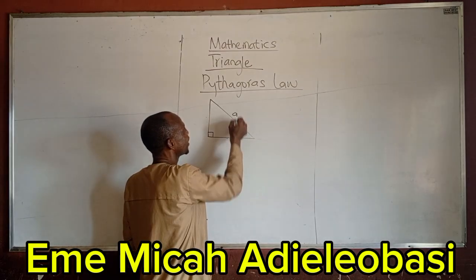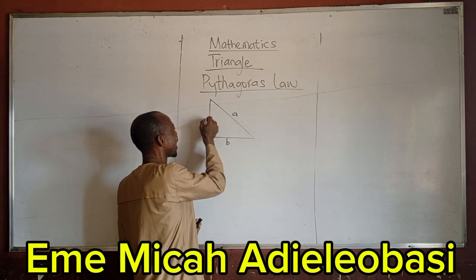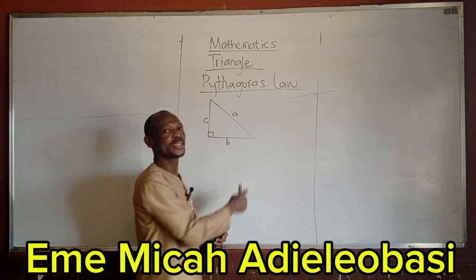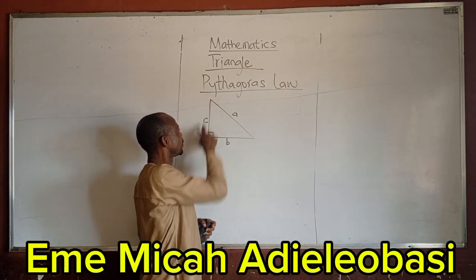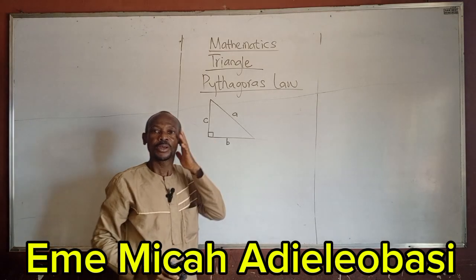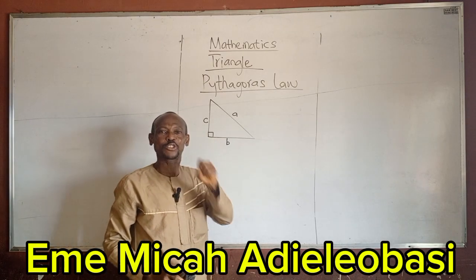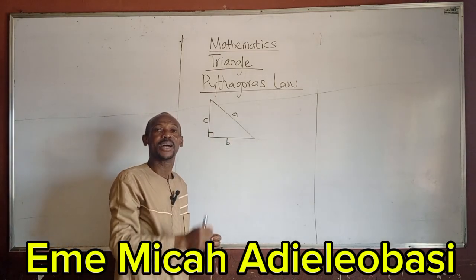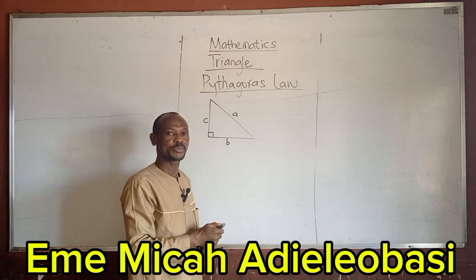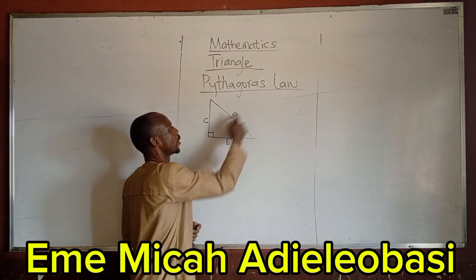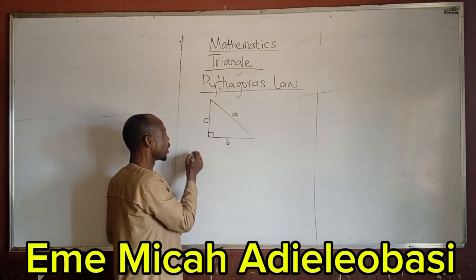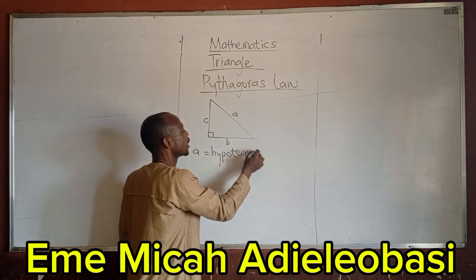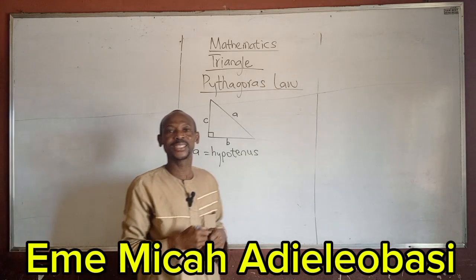This side is A, this side is B, and this side is C. This is the length of side A, the length of side B, and the length of side C. If you have a triangle, the side that faces the 90 degrees, the side opposite to the 90 degrees, we call it the hypotenuse side.